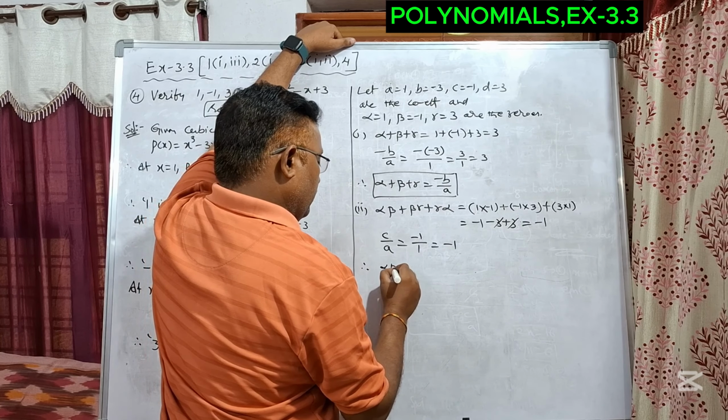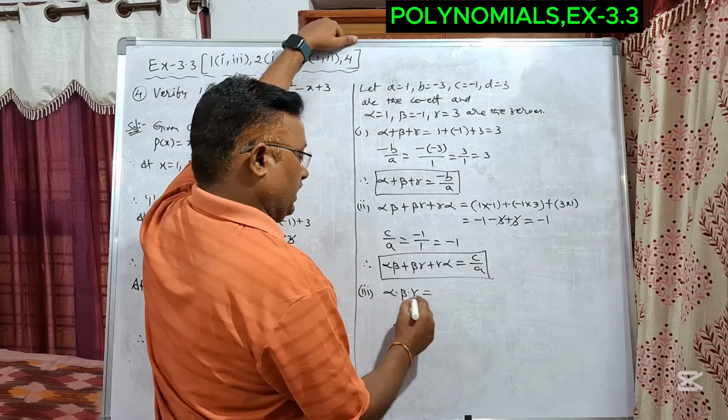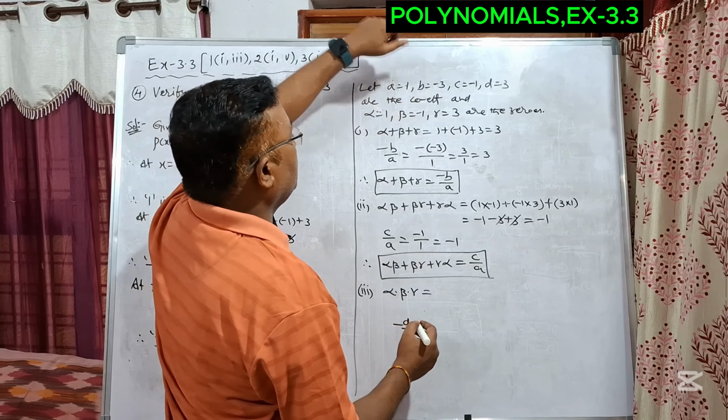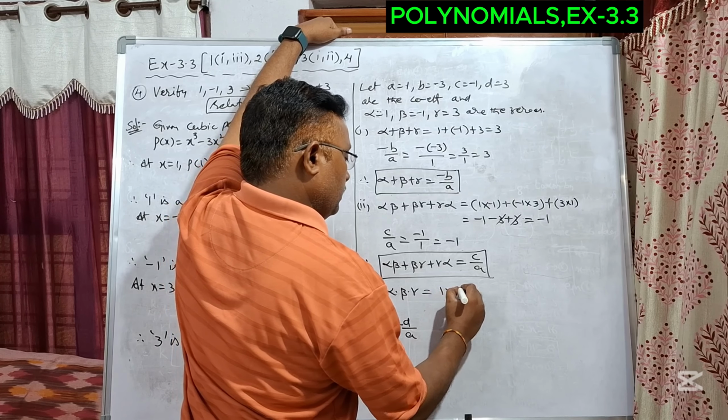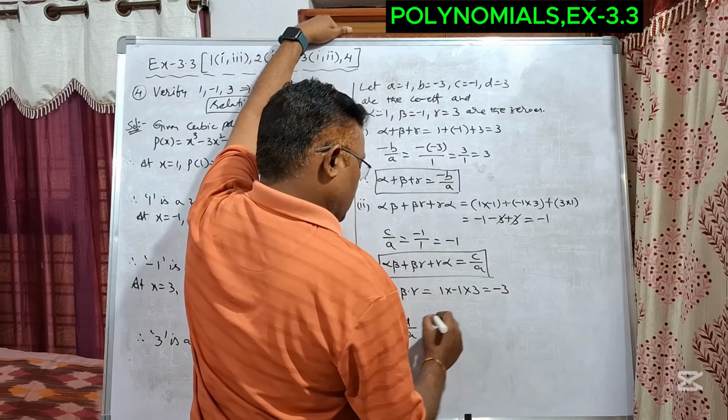Both are equal. Now come to the third step, that is alpha into beta into gamma should be equal to minus d by a. Okay, calculate the first value, LHS value. Alpha into beta into gamma, that is 1 into minus 1 into 3, which is equal to minus 3.